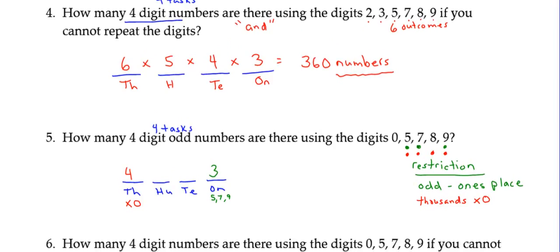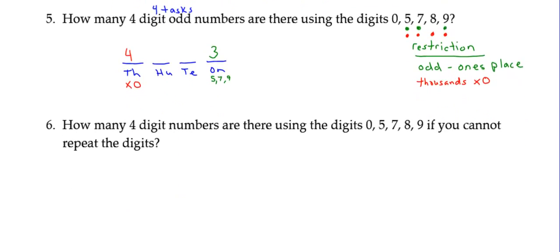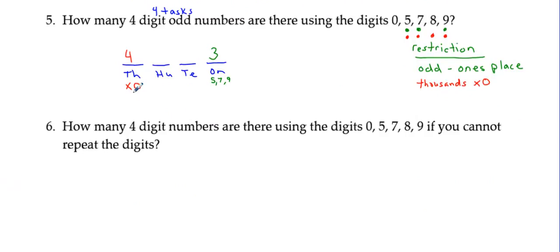Question 4 says you cannot repeat the digits. Question 5 does not say you cannot repeat the digits. Those are our only 2 restrictions. So the ones digit must be odd. The thousands digit cannot be 0. After that, there's no restrictions. So the hundreds digit can be any of these 5. And the tens digit can be any of these 5. So once again, this is an implied AND. So that means there are 300 different numbers.